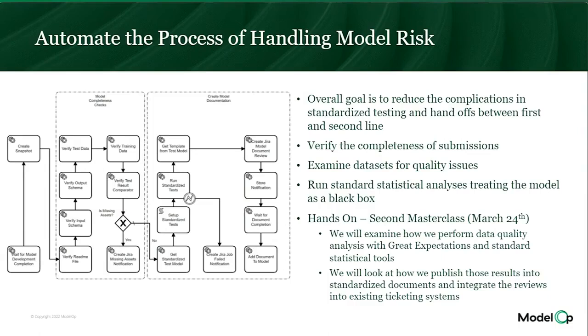And if they didn't, we'll create a Jira back to the original user and say, hey, you need to provide X, Y, Z. Never even involve the second line. They didn't even have to get to it yet or look at it. So that's some of the ways we can help streamline that process for model risk so you can do basically more with less.